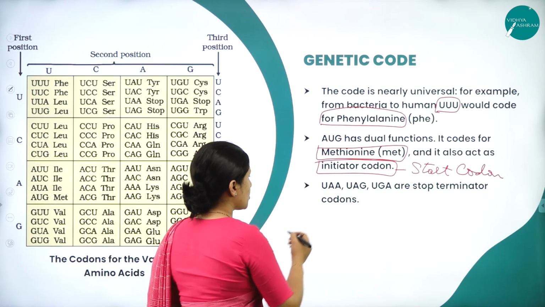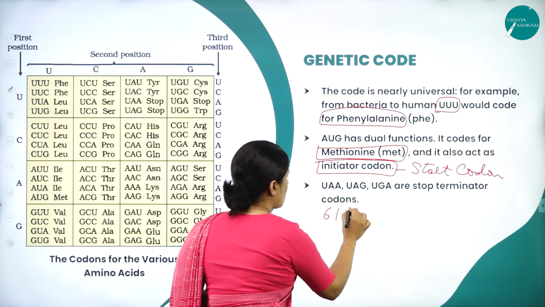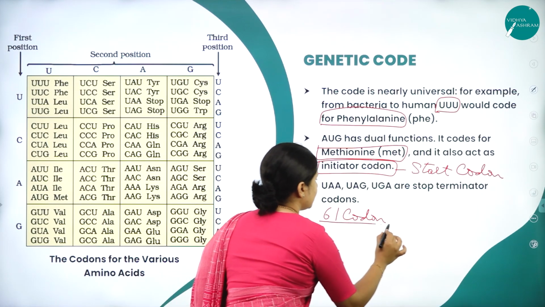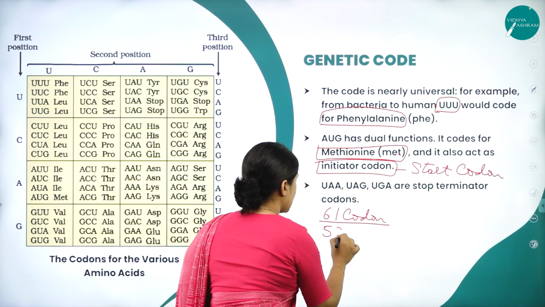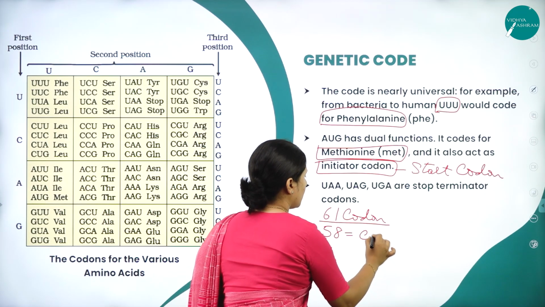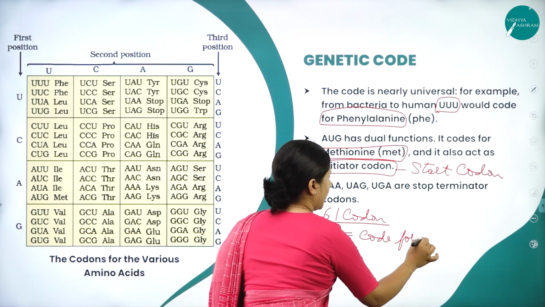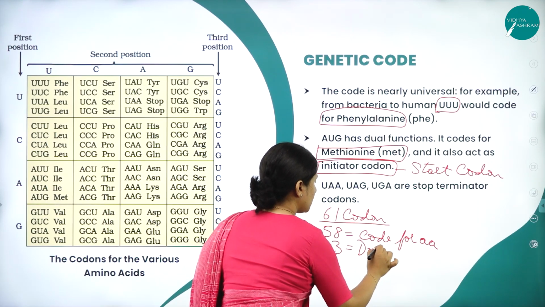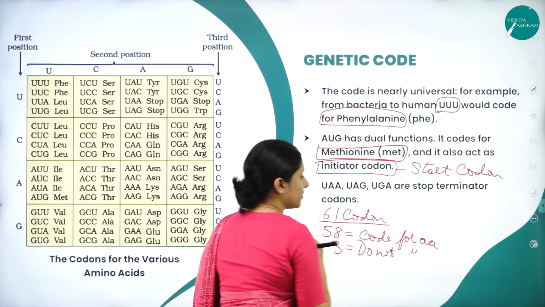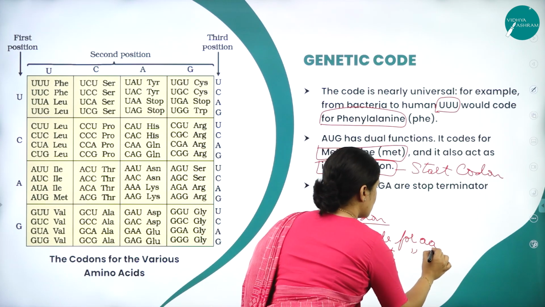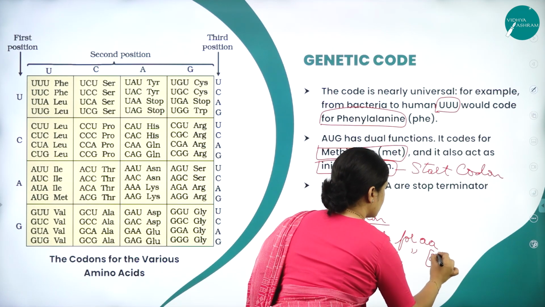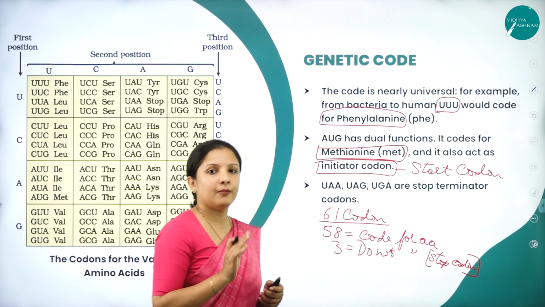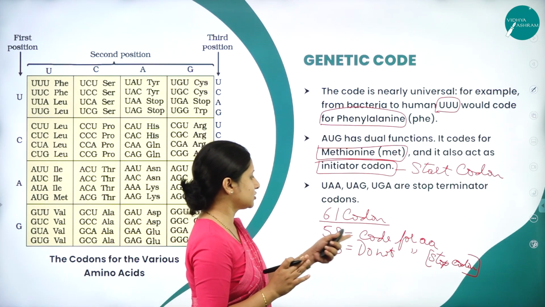Out of the 61 codons, 58 code for amino acid. 3 do not code for amino acid, and hence they are called stop codons, because they stop the formation of the amino acid chain at a particular codon. So we call it a stop codon.